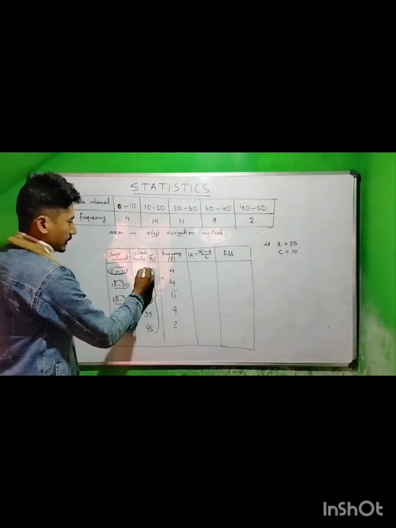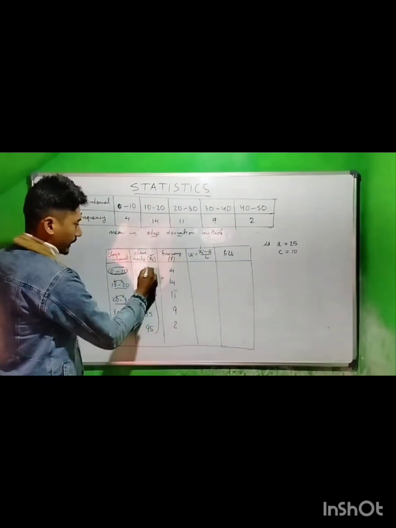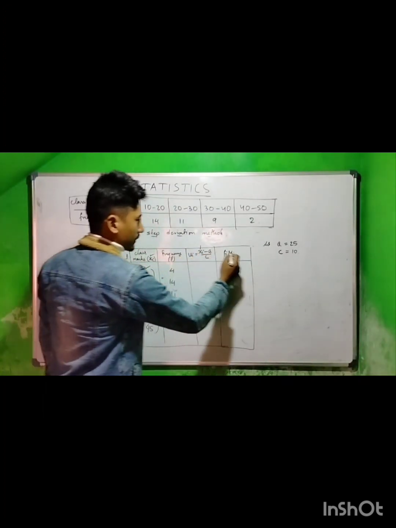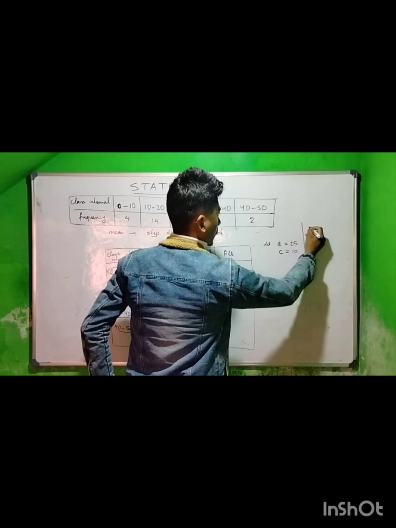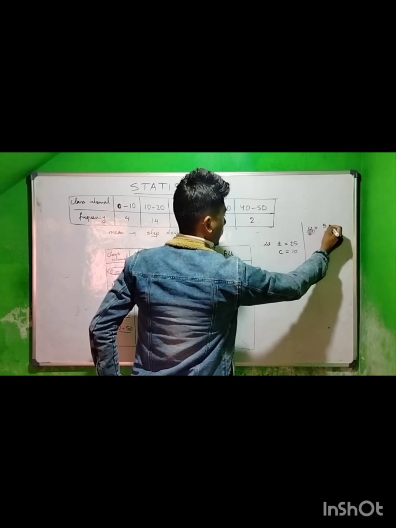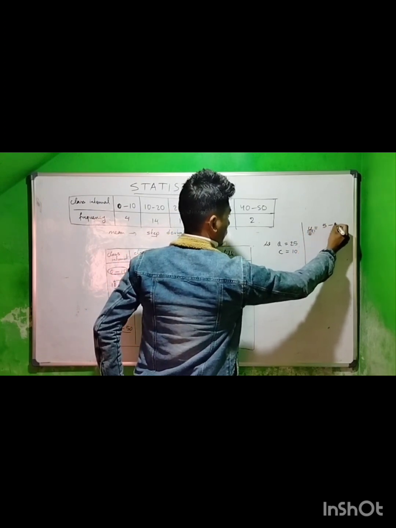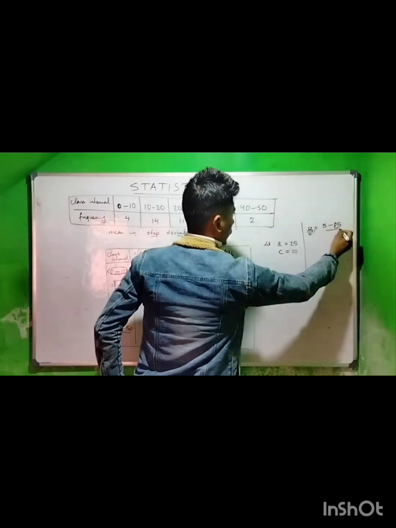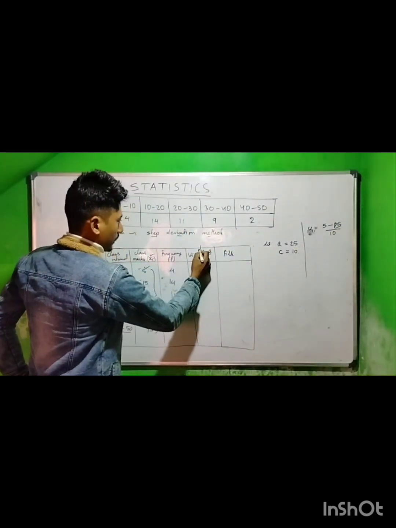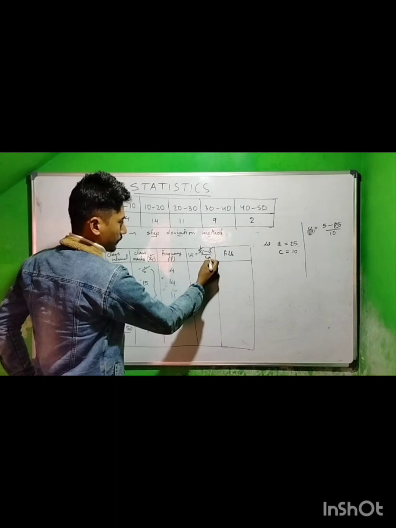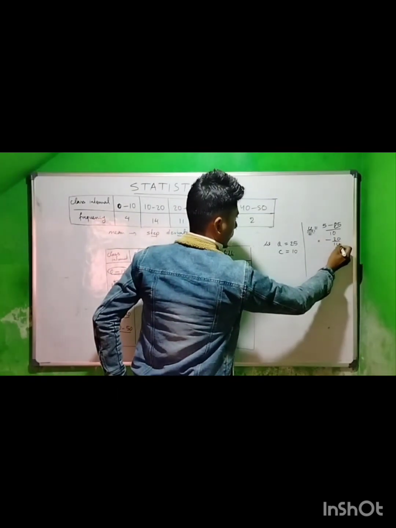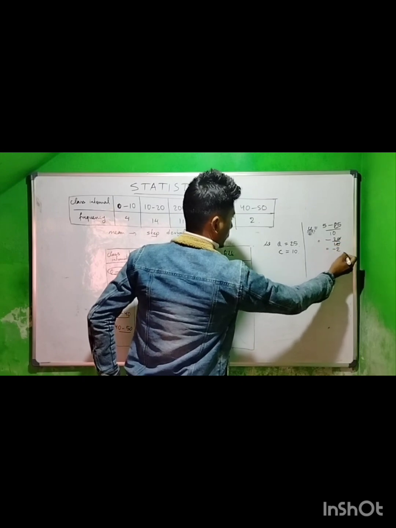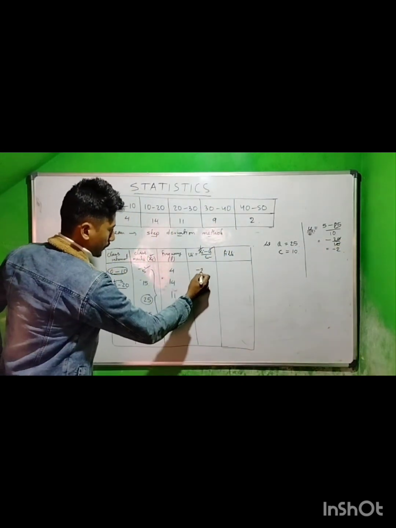This xi is 5, so 5 minus a, which is 25, over c, which is 10. 5 minus 25 over 10 is minus 20 over 10. So I am getting minus 2. So here it is minus 2.